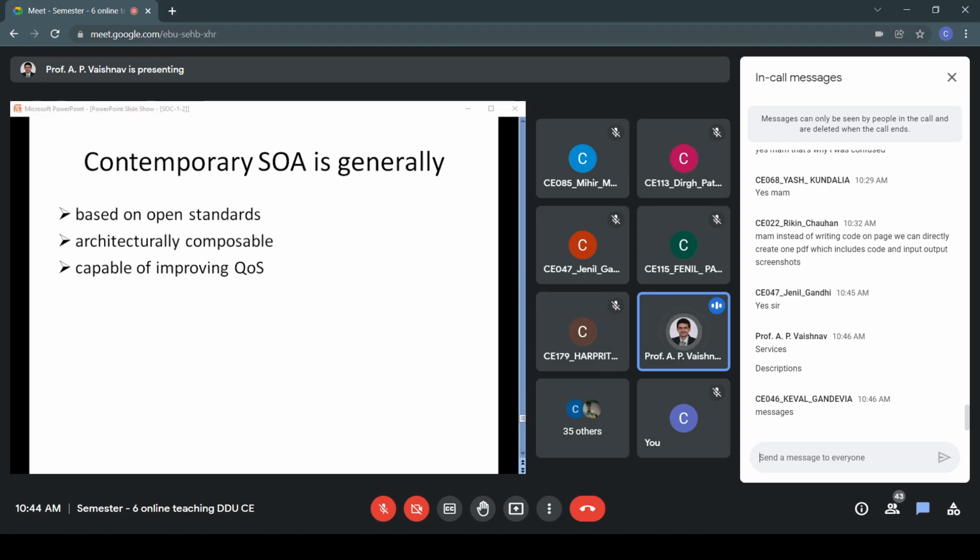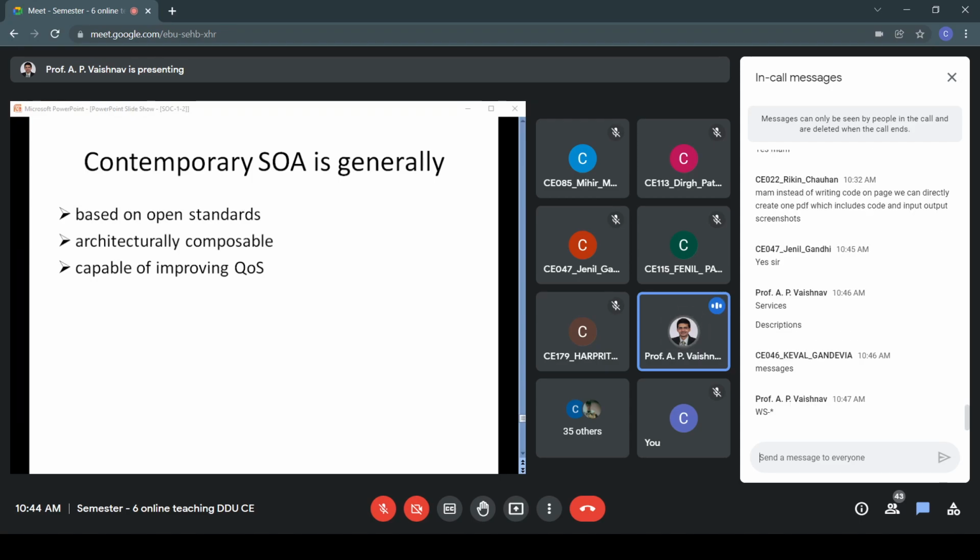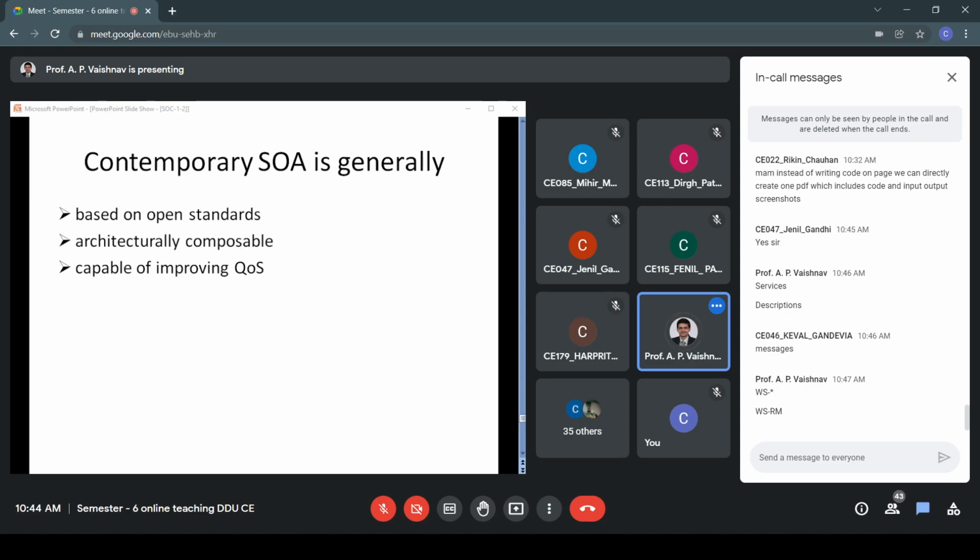If you remember last class, these specifications are known as WS-star, and this star is replaced by any name. Like if you want reliable communication, you can use the specification called WS-ReliableMessaging. If you want a security mechanism in your architecture, you can opt for WS-Security.